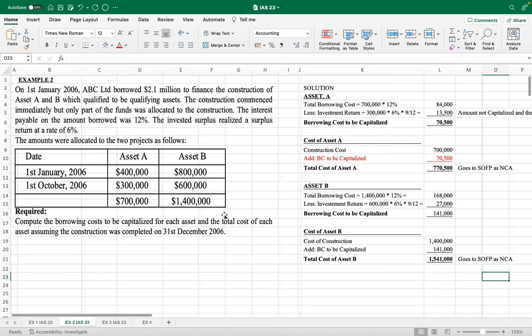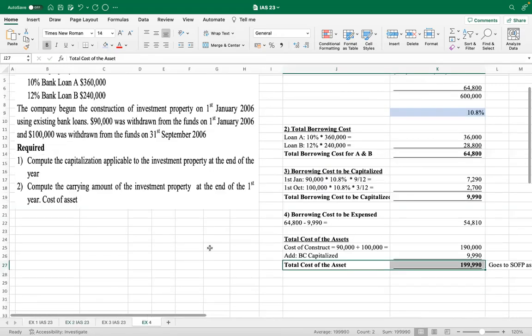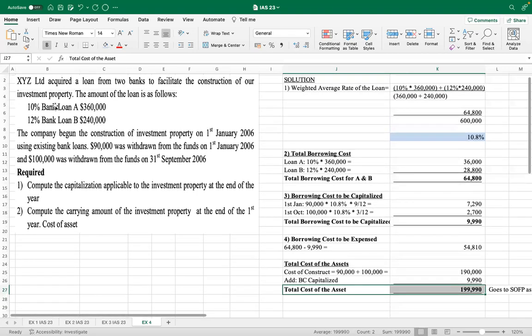The second example was looking at how do we account for borrowing costs when there is investment return. The last example looked at how do we account for borrowing costs when we borrow loans from different banks. So the 3 examples are completely different. This one looks at borrowing from different banks.